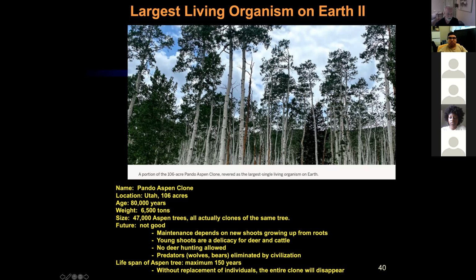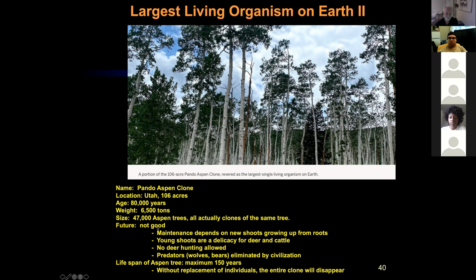It's about 80,000 years old and it weighs 6,500 tons. It's comprised of 47,000 aspen trees, and all of these trees, which you see here in the picture, are actually clones of the same tree. If you add all these trees and all their root systems up, it comes to 6,500 tons. It's a huge organism, but it's all one organism.